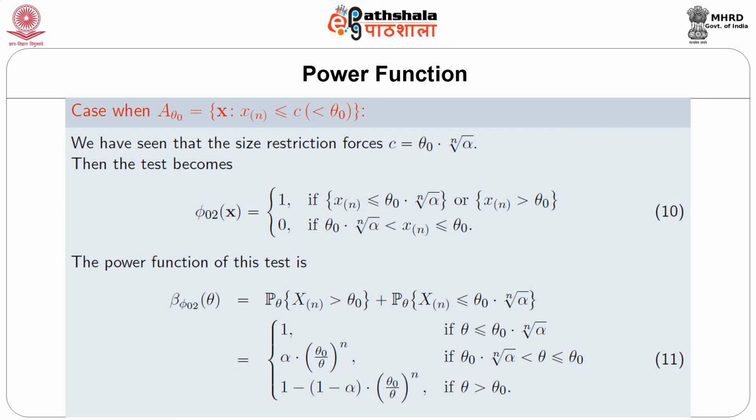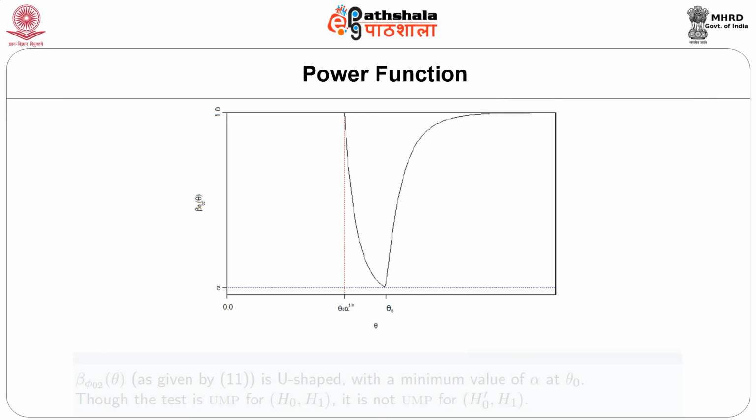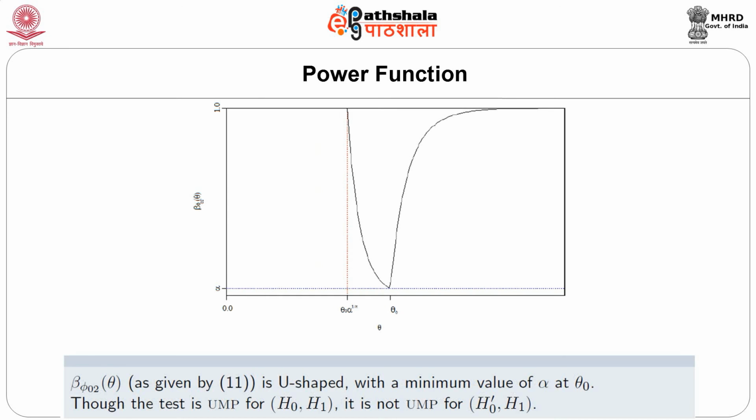Now, you see that the second one, alpha theta naught by theta to the power n, is a decreasing function of theta. As theta increases, theta naught by theta to the power n decreases. Initially it is 1, then decreases, and then at theta naught it is alpha, and again it increases. So, the power function of the test looks like this.